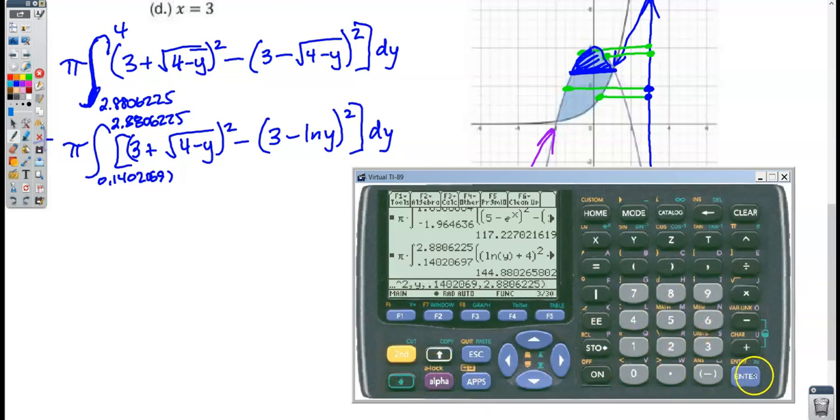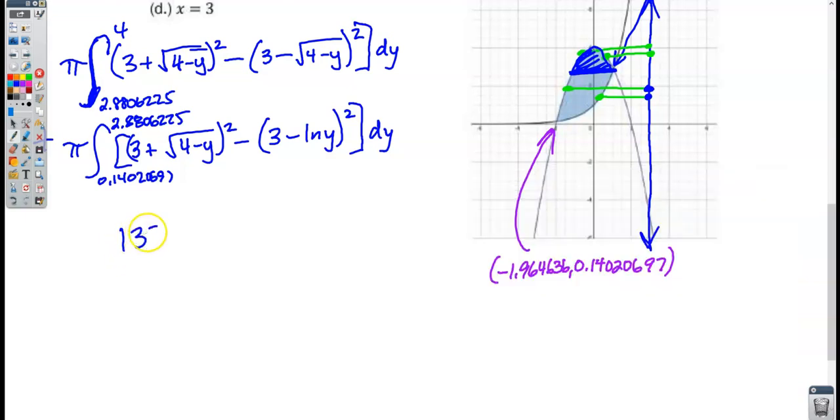And assuming I typed everything in correctly, this is going to give me the volume of this solid. Takes my calculator a few moments here to churn out those values. And we got 137.824 for the volume.